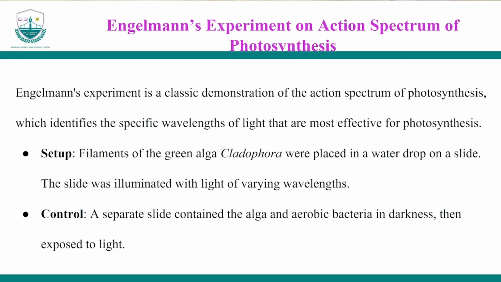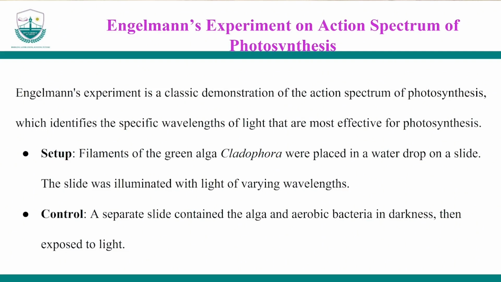Now let us look at one experiment, Engelmann's experiment. This experiment relates to what we have so far looked at. It basically confirms the discussion that we have had, that you have particular wavelengths that are very efficient for photosynthetic processes. That's what we are going to talk about in this experiment.